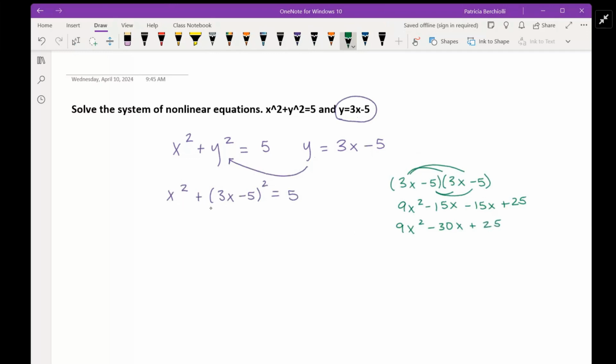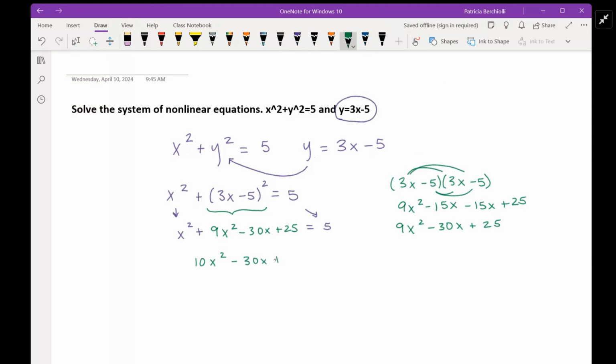So 3x minus 5 squared, again, is 9x squared minus 30x plus 25. Bringing down the first x squared and the equals 5, we can now combine like terms. x squared plus 9x squared is 10x squared.